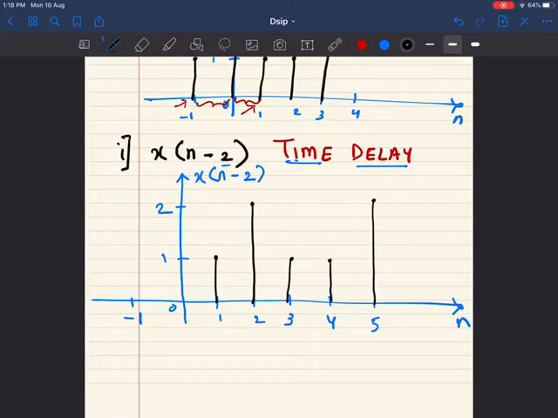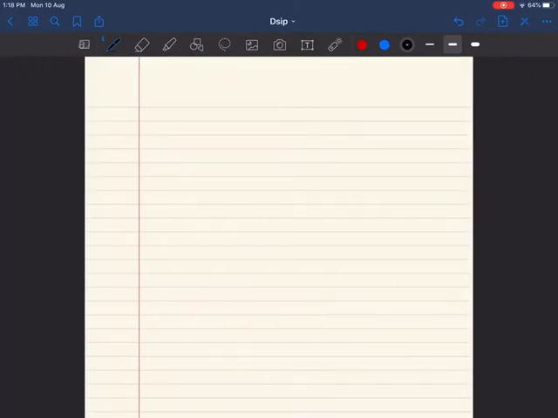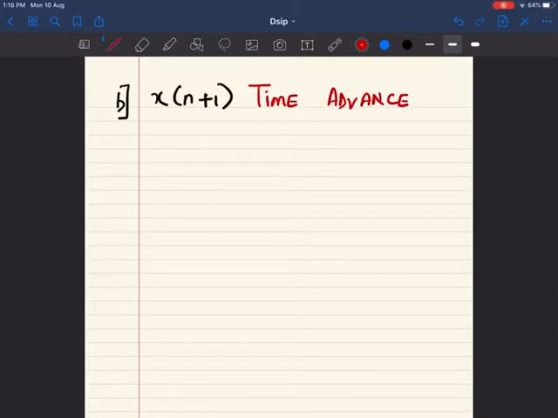The second one, this is A actually, the B sub question is x of n plus 1. This is called time advance. Just simply going to draw the signal here.